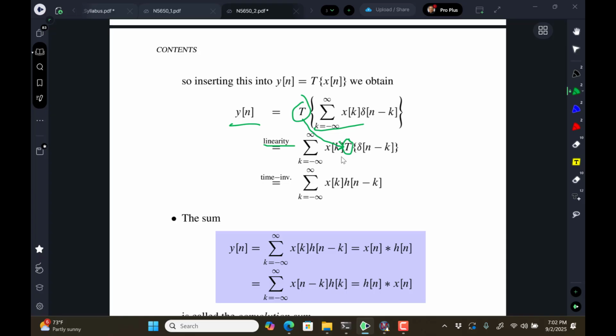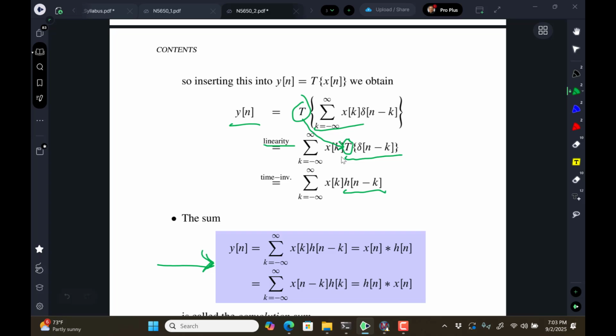So when we take that into account, we know that this T operating on that delta will just be the time-shifted impulse response. When we make that replacement, we get these two results. Depending upon which change of variables we're using, we get the convolution formula that says x convolved with the impulse response, or impulse response convolved with the input, is this convolution sum.